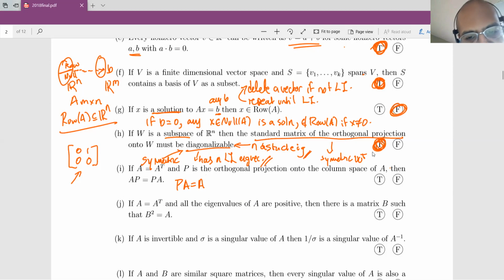Well, because P is the projection onto the column space, right? So if you have PAx, this is always in the column space, so that equals Ax for all x. Okay, good first step. So PA equals A.